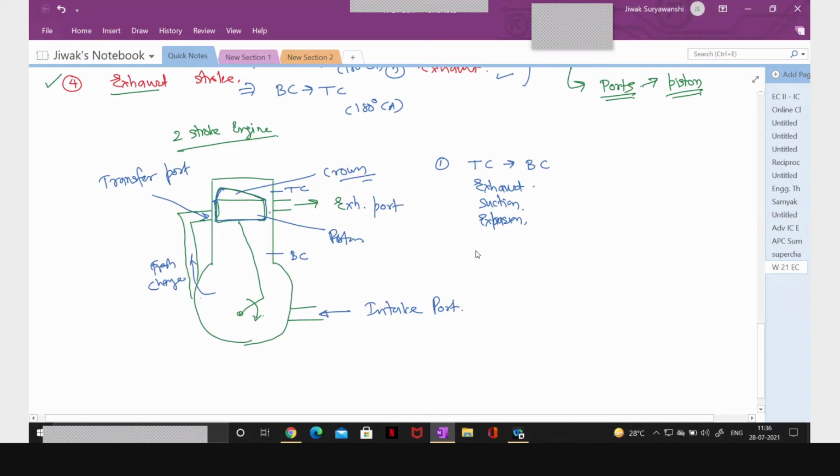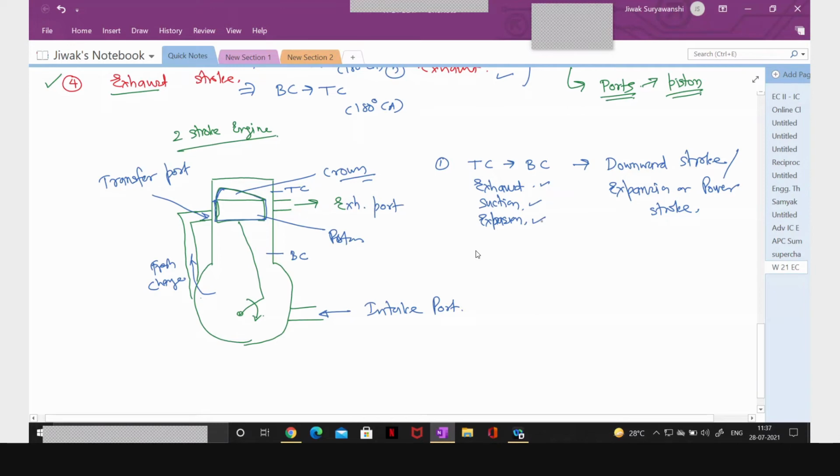In a simple way, you can call it a downward stroke, or you can call it an expansion stroke, or power stroke. During this, some exhaust and some suction are also taking place. Along with expansion, combustion is also there, because of combustion only there is expansion.